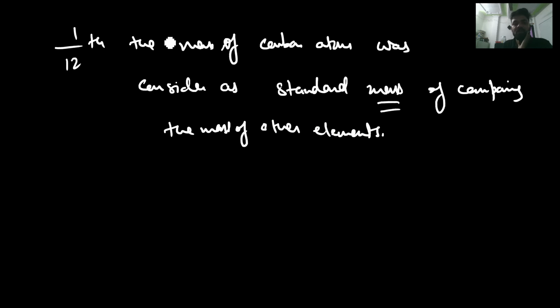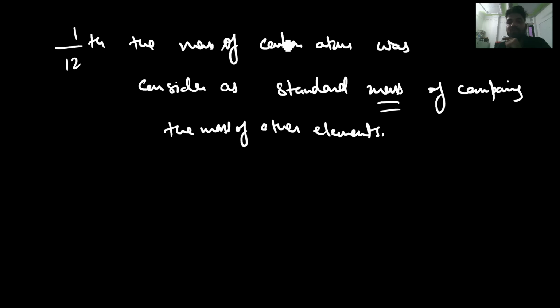Now you know very well that carbon has 2 isotopes. One carbon has 14 mass, and another has 12 mass. So we select the atom that has carbon 12.